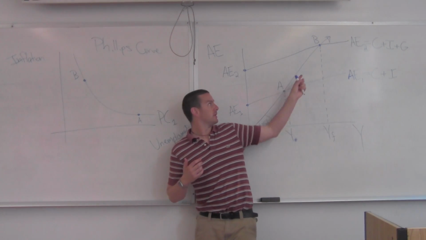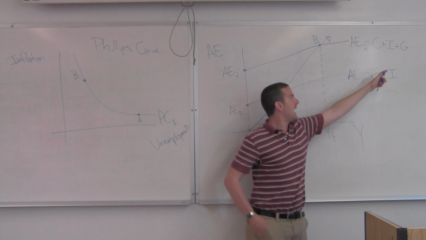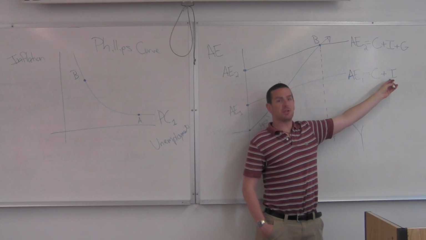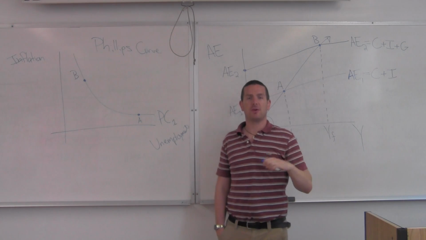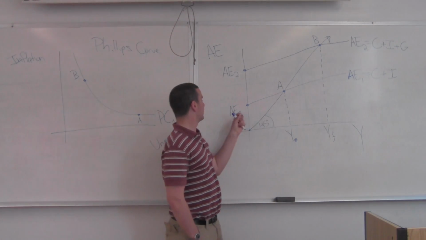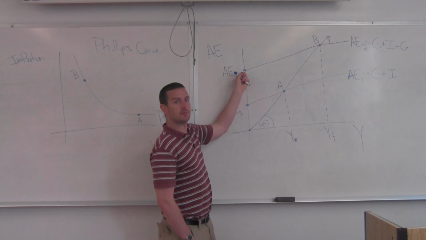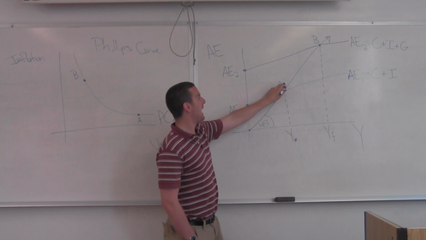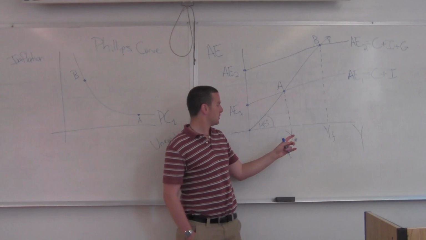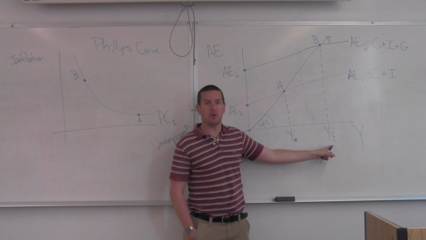Well, the textbook Keynesians said you can add government spending to consumption and investment. So if you add government spending to consumption and investment, you go from AE1 to AE2, or from point A to point B. What that does is it'll cause you to go from Y star to full employment.